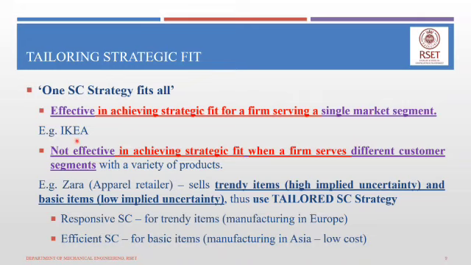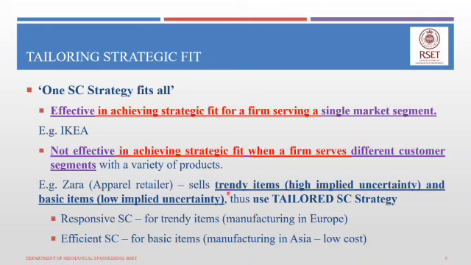One supply chain strategy fits all is not effective in achieving strategic fit when a firm serves more than one customer segment. When they are dealing with different customer segments with a much wider variety of products, then one supply chain strategy fits all is not possible. Take for example the case of Zara, which is an apparel retailer. They sell trendy items, which are products that face high demand uncertainty.